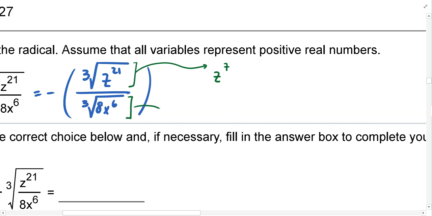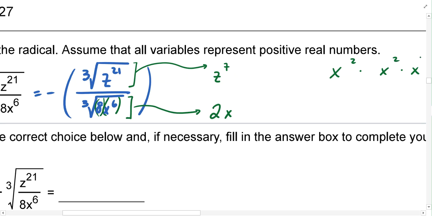Now in the denominator, let's think of this as two pieces again. Is there a number that multiplies by itself 3 times in a row to equal 8? The answer is yes. That's the value 2. Is there an exponent that multiplies 3 times in a row to equal x to the 6th? Keeping in mind that whatever we choose requires the exponents to sum together to equal 6.